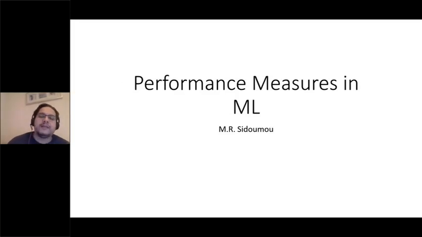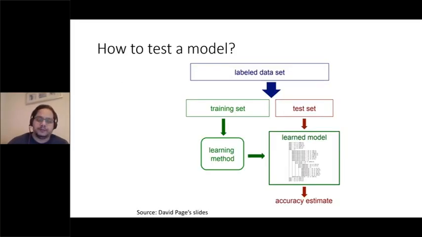How do we know that a model is doing well or not? So far, we just used training sets to build a model. That's all we did. We have some data points and we build a model on them. But this is probably not enough to tell, because like we said, overfitting is a major problem in machine learning.